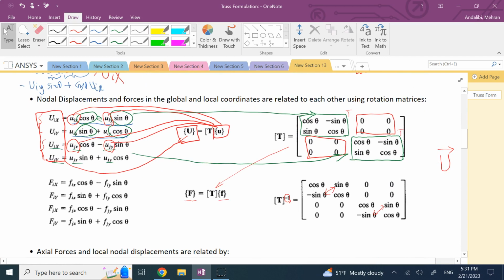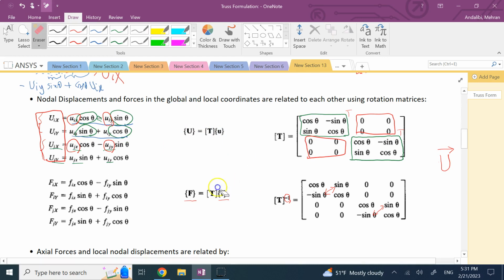So far, we related global forces to local forces and global displacements to local displacements. Now, if I can relate the local forces and the local displacements together somehow, that means I have a full connection.